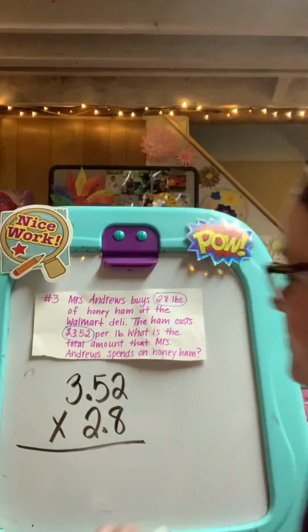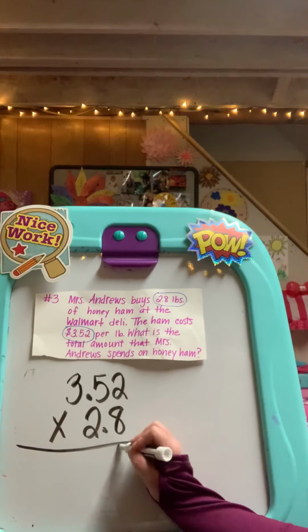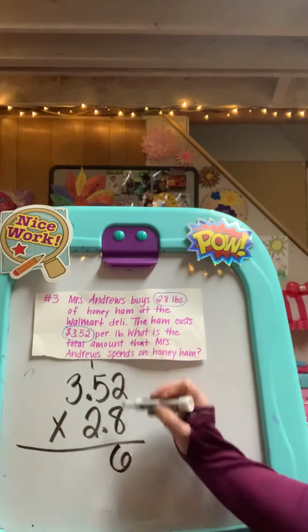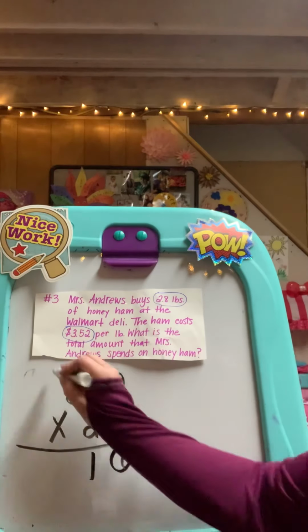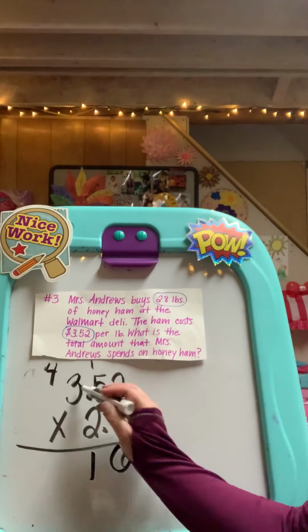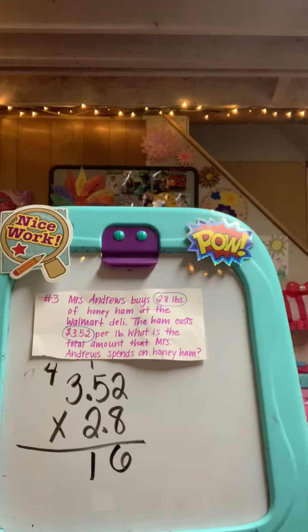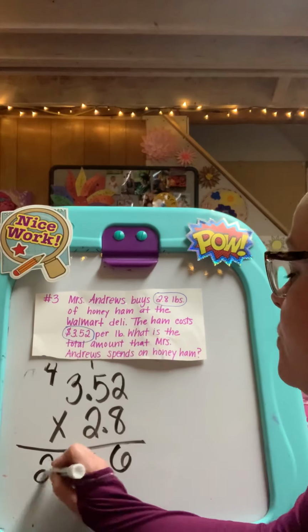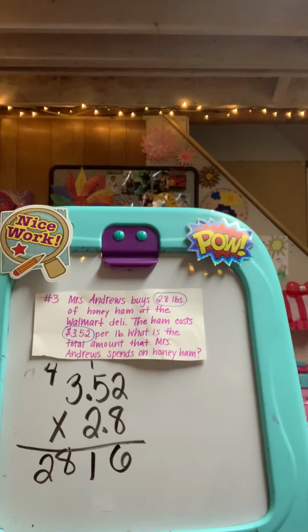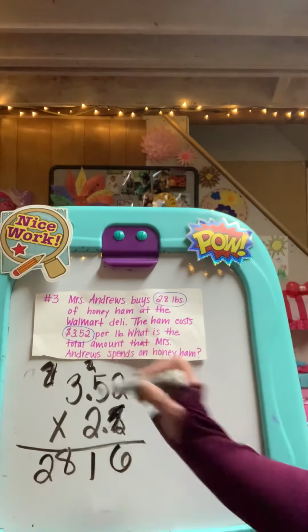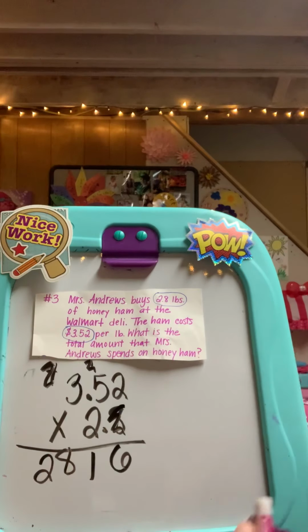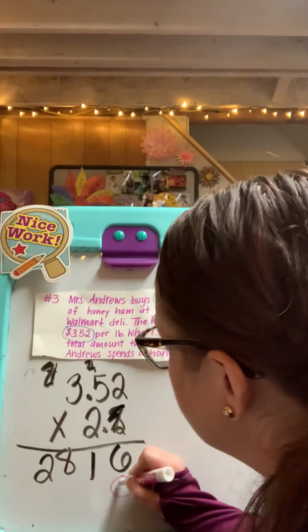Here we go. 8 times 2 is 16. 8 times 5 is 40, plus the 1, 41. 8 times 3, 24, plus the 4 is 28. I used it. I'm going to put down my smiley face or my placeholder.